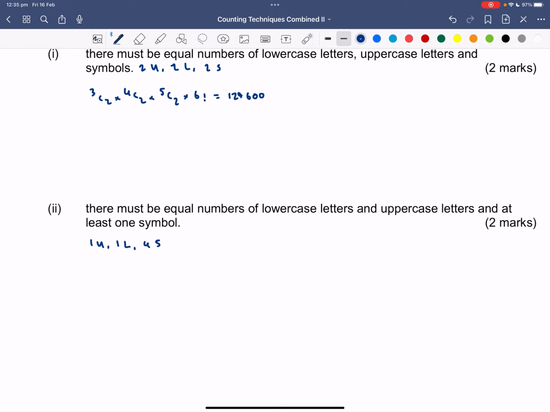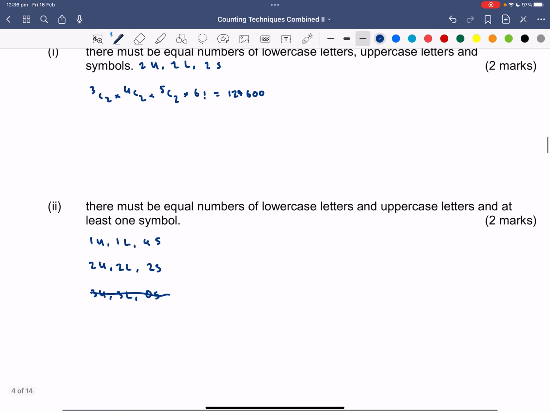Or you can have 2 uppercase, 2 lowercase, and 2 symbols. The other choice, which you can't have, is 3 uppercase and 3 lowercase, because that's 0 symbols, and the question says at least 1 symbol. So because it says at least 1 symbol, this is not a possible option.